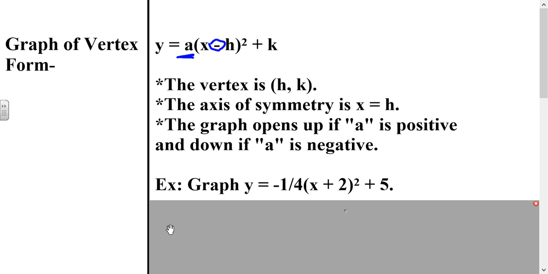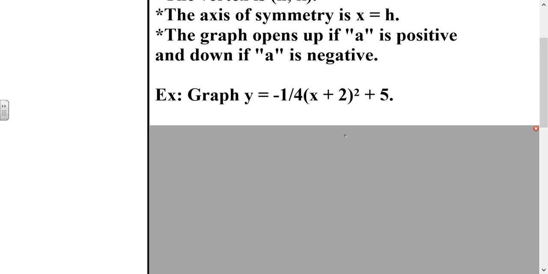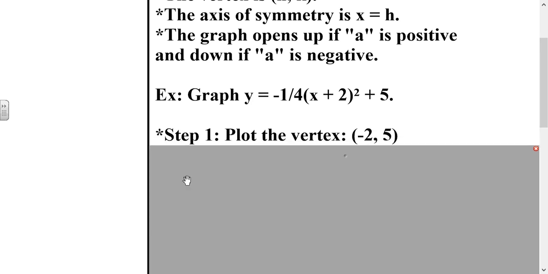So we're just going to practice graphing an equation in vertex form. We're going to graph y equals negative 1/4 times (x plus 2) squared plus 5. So first we need to plot the vertex. Now the vertex is going to be (h, k), and remember whatever h is going to be opposite of what you think.